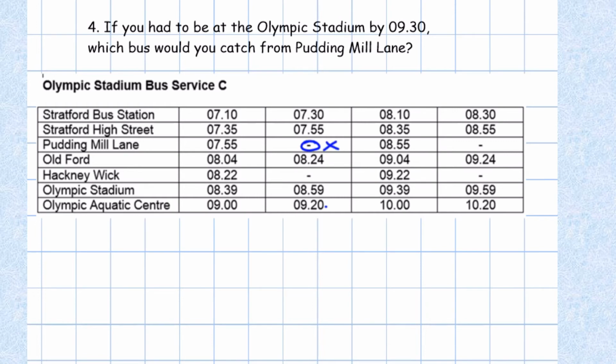So you have to go for the first bus, the 7:55 bus, which means you're going to be hanging around for a while because you're not going to get to the Olympic Stadium till 8:39, but you're going to have to hang around till 9:30, so you've got 41 minutes hanging around time before you can go into the stadium.